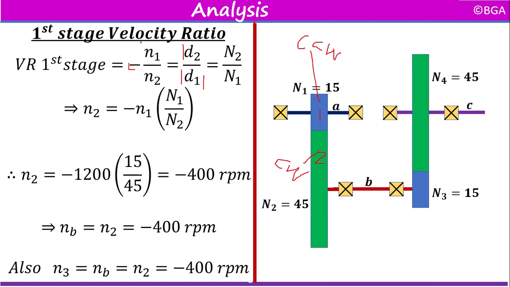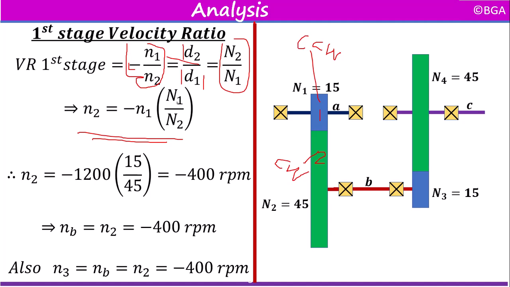So here I prefer to use the relation between speed and number of teeth. If you cross multiply these two, then you get the RPM of the shaft to be like this. So here N1 is the speed of the driver gear, or the speed of the pinion, or the speed of gear 1, which is 1200 RPM.